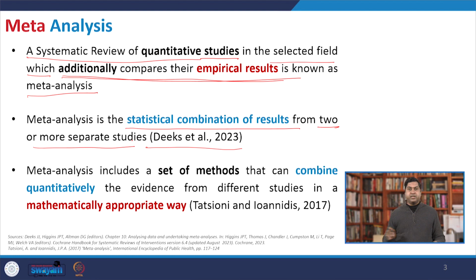So you may want to work on something like flood resilience in urban areas, and there are certain empirical studies which have been done in several other parts of the country or maybe outside the country, and they have reported certain correlations among the chosen variables between certain independent variables.